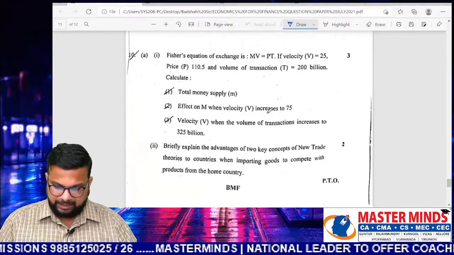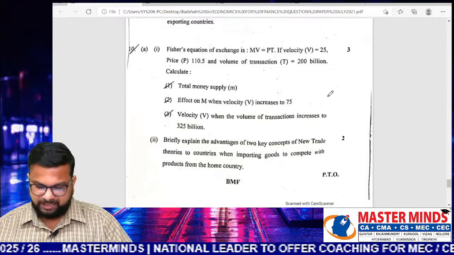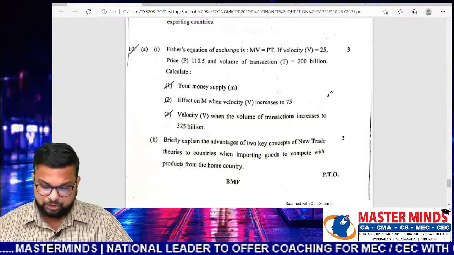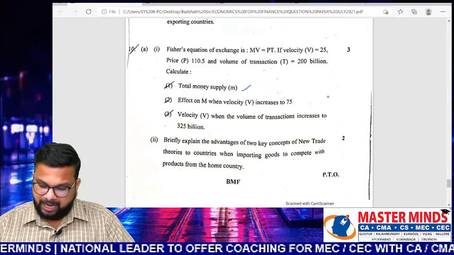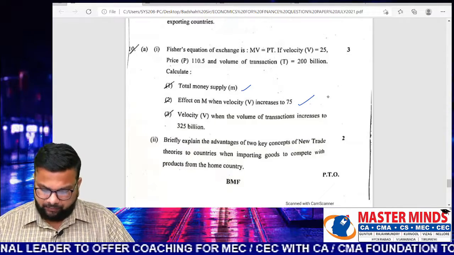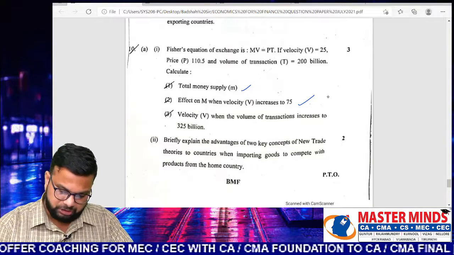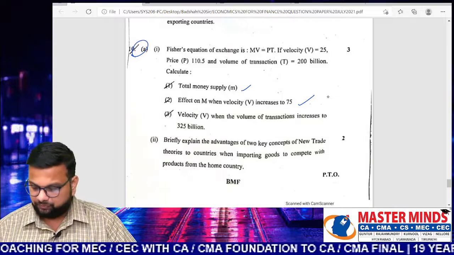Right, next 10A1. Fisher's equation of exchange, that is MV equal to PT, is given and some values are given. He has asked us to calculate the total money supply, the effect on M when velocity increases to 75, and velocity V when the volume of transactions increases to 325 billion. So this is question number 10A subsection 1, given for 3 marks.